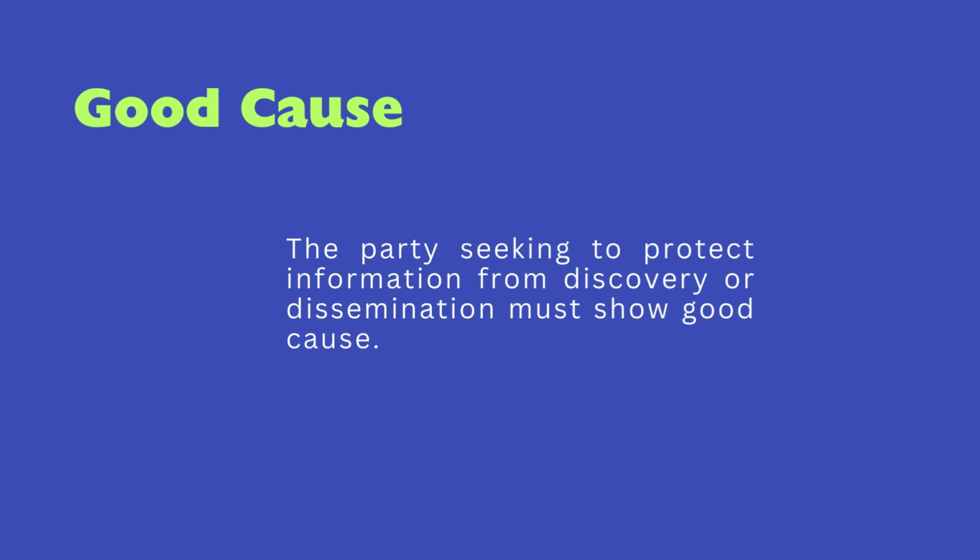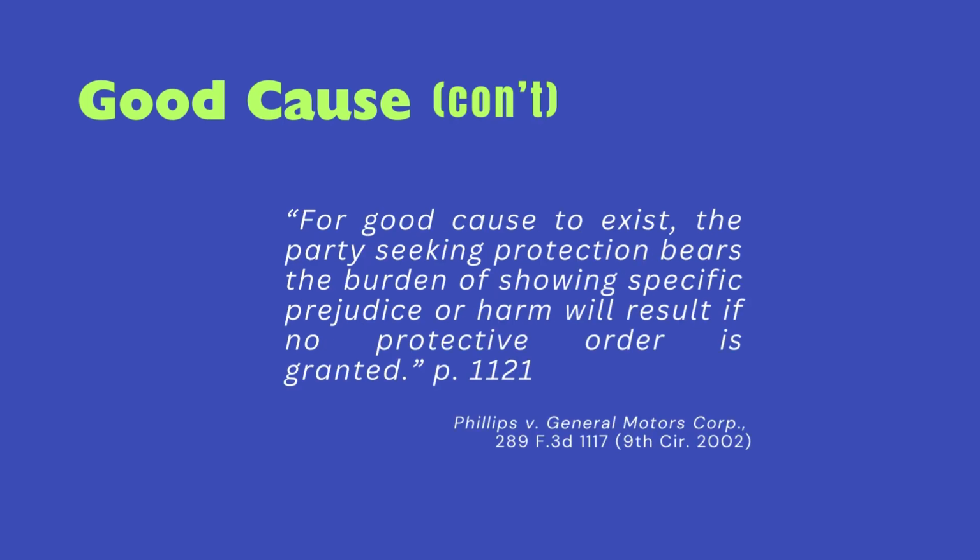And if you have to, politely remind the court of their obligation to show good cause. For a good cause to exist, the party seeking protection bears the burden of showing specific prejudice or harm will result if no protective order is granted.